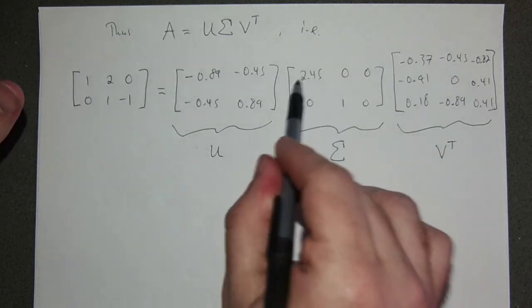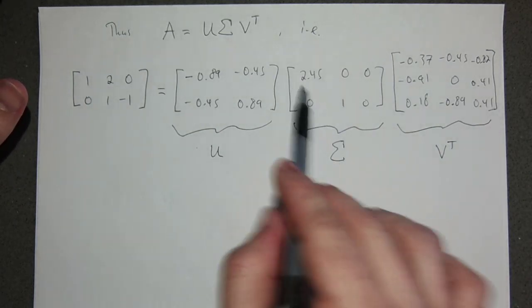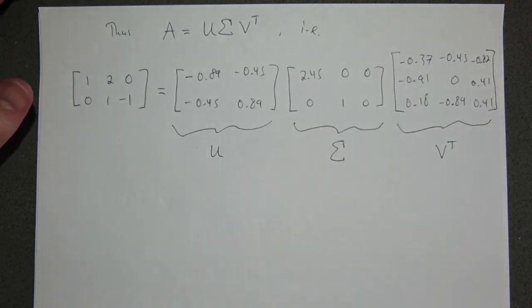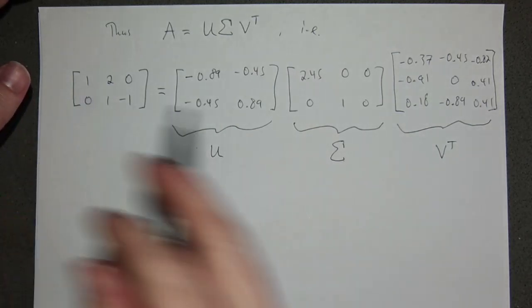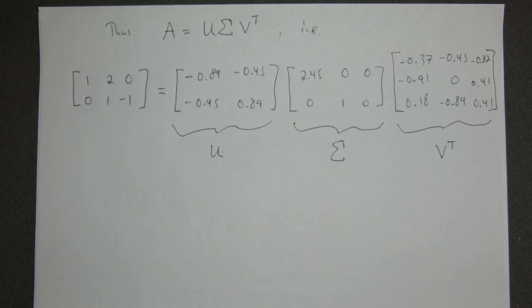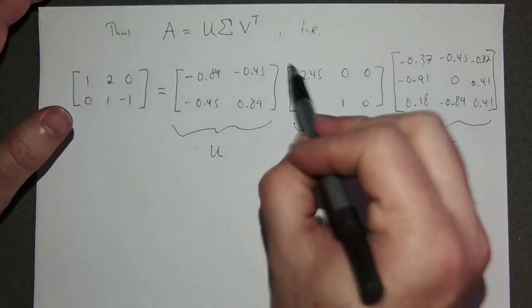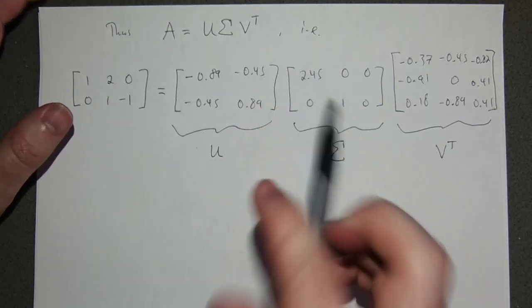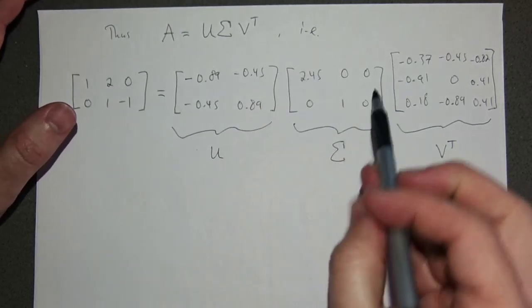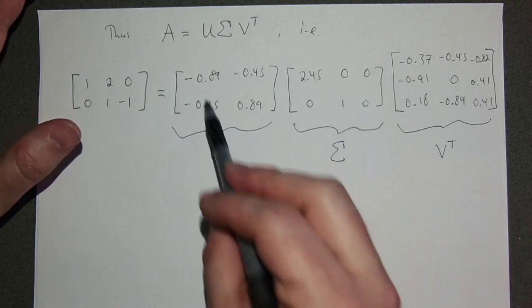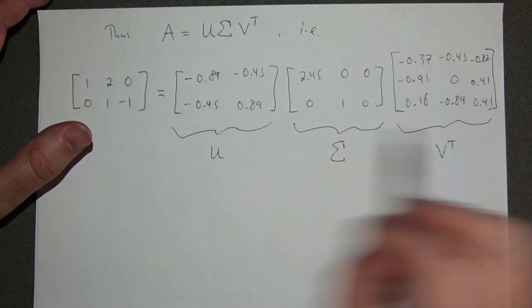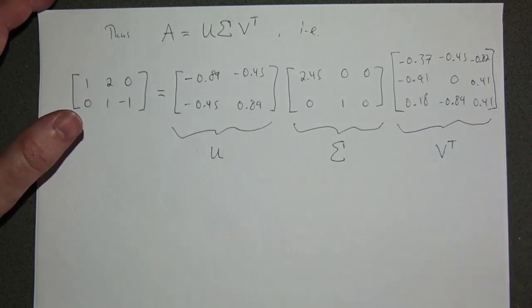So remember, these are square roots of the non-zero eigenvalues showing up in AA transpose or A transpose A. So I can arrange those along this diagonal in sigma however I want to. But however I do that, I have to accommodate by swapping the orders of the columns of U and V transpose.